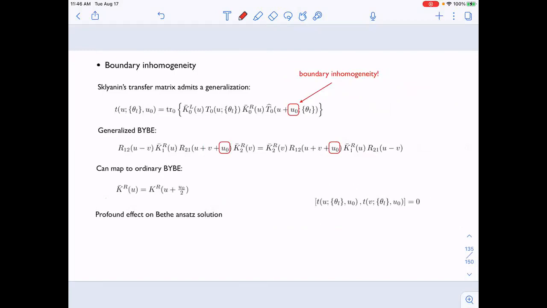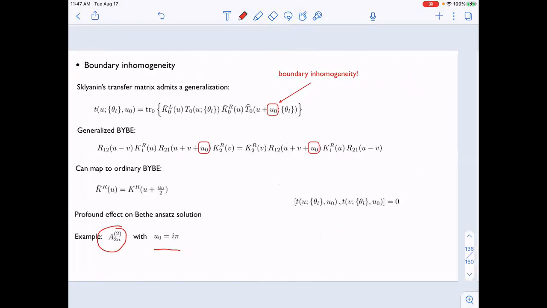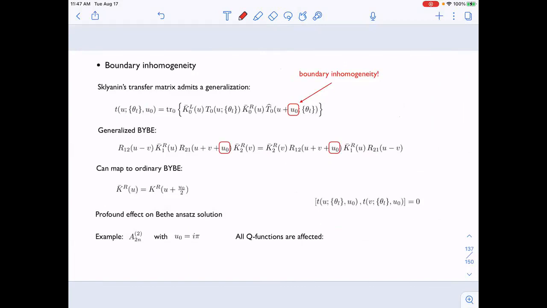But this has a profound effect on the beta ansatz solution. We looked at, just as an example, the case of the twisted A's, and we took the boundary inhomogeneity to be again I pi, just as in the A11 case that we were looking at before. And then what we found is that now all the Q functions are affected by this boundary inhomogeneity.